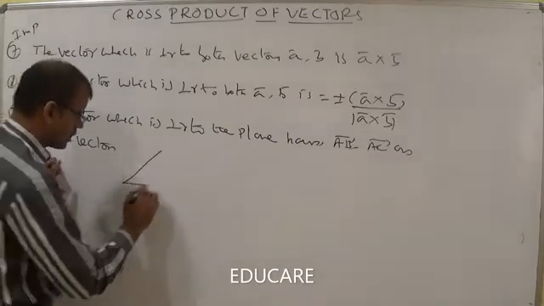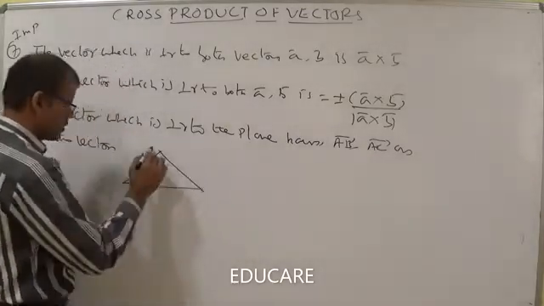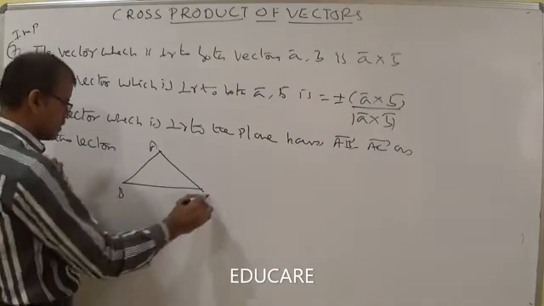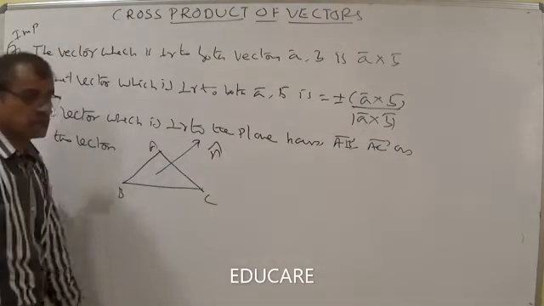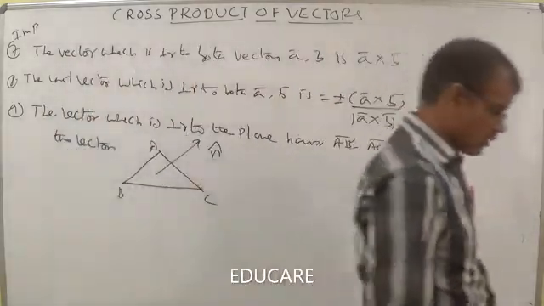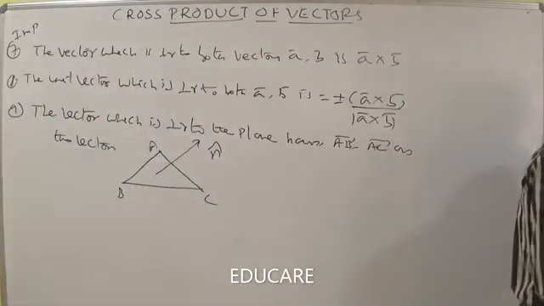Example, let us draw the triangle. This is A, this is B, and this is the n cap. This is the unit normal vector to the plane.